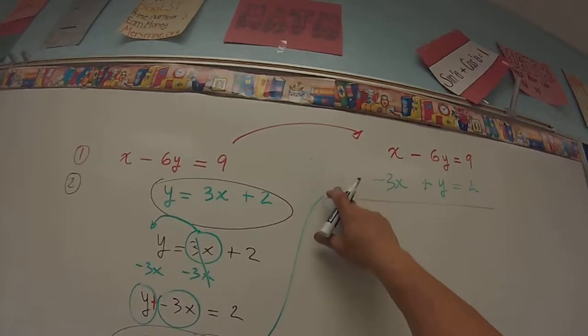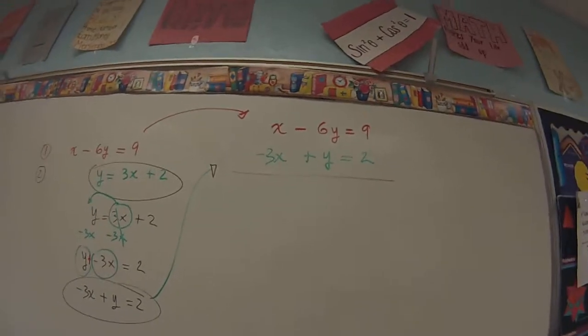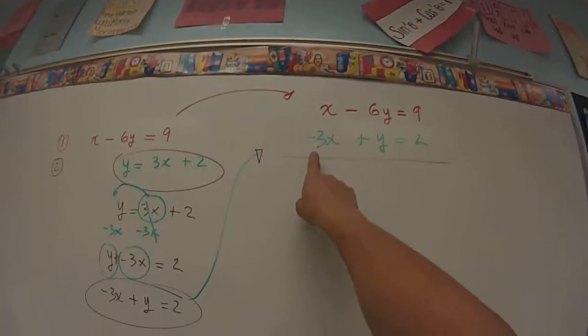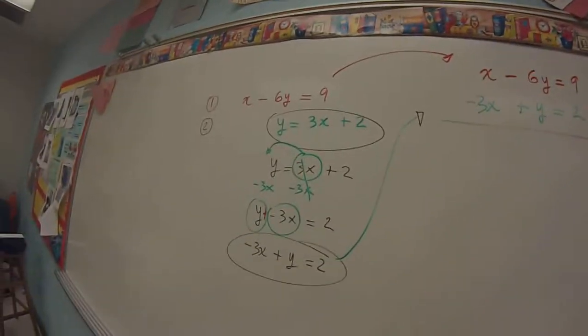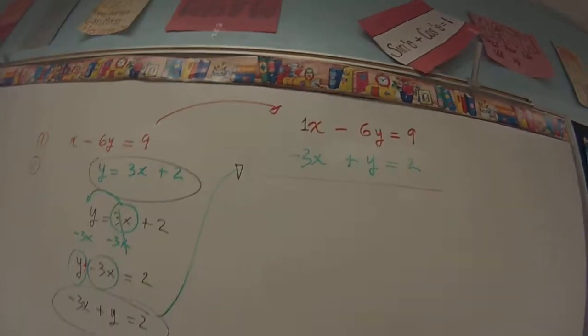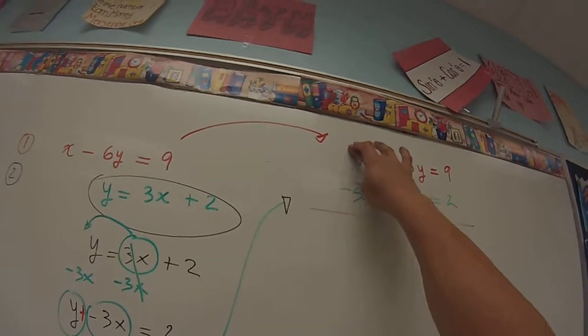Which one should we get rid of now, the x or the y? It doesn't matter, but you have to pick one. This time I noticed that I already have a negative here, and right here on top it's a positive. So I want to get rid of the x.